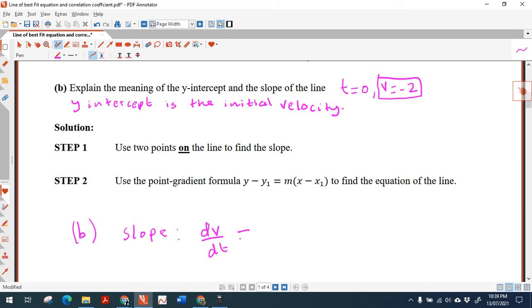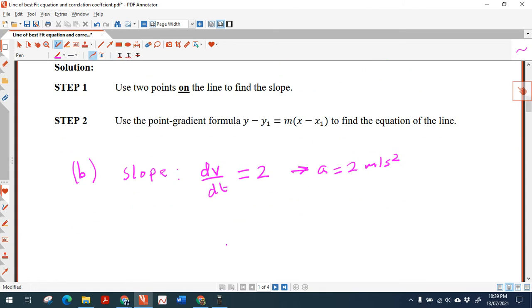Now, it's the rate of change in it. Slope is a rate of change. Now we know dv dt is acceleration, so I'm going to write down acceleration equals 2 meters per second squared. So in this case, the slope of the line is the acceleration.